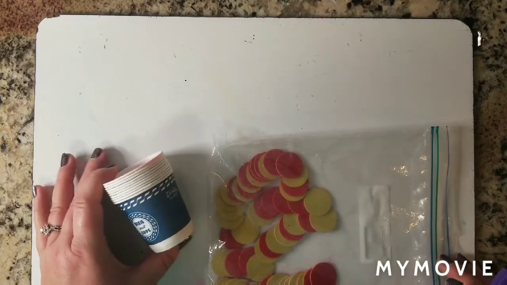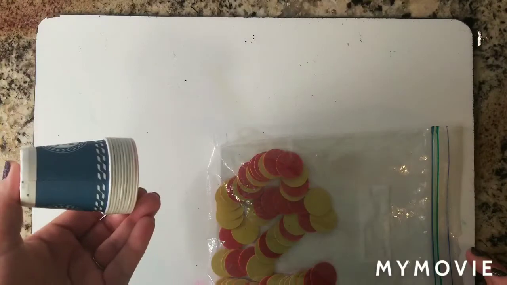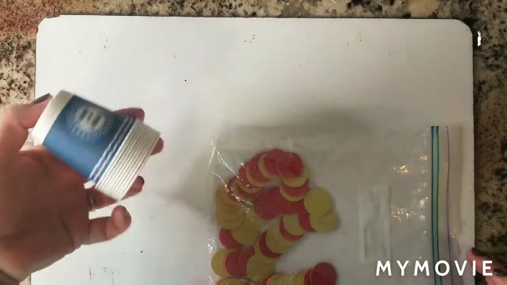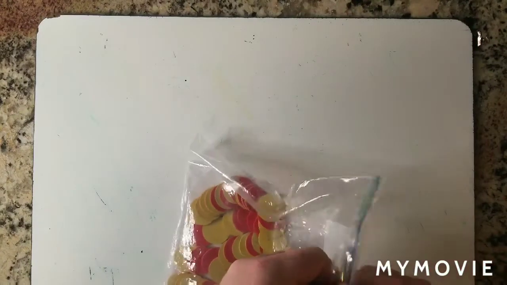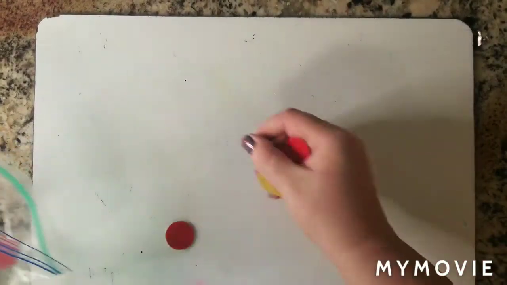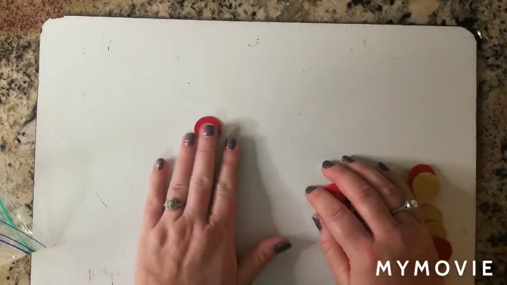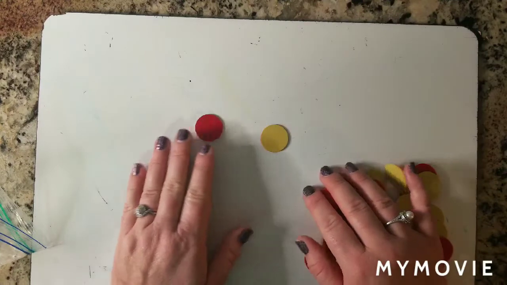Anything you can do to just represent your variable. So our Dixie cups are going to represent our variables. And then, of course, we have our red and yellow counters, just like we've been working with. Our reds are our negatives, and our yellows are our positives.